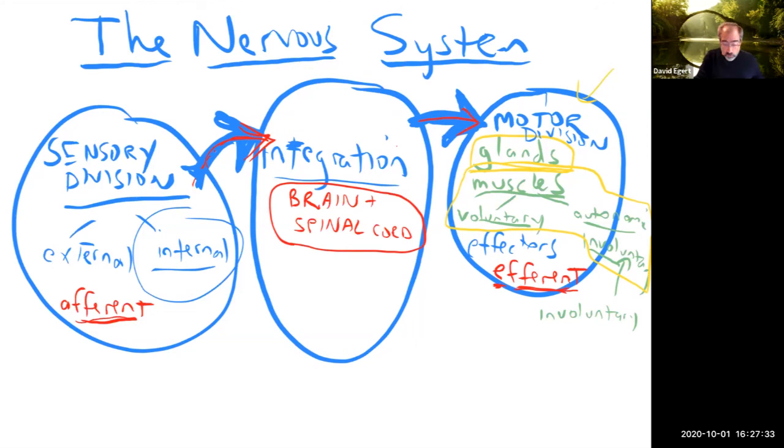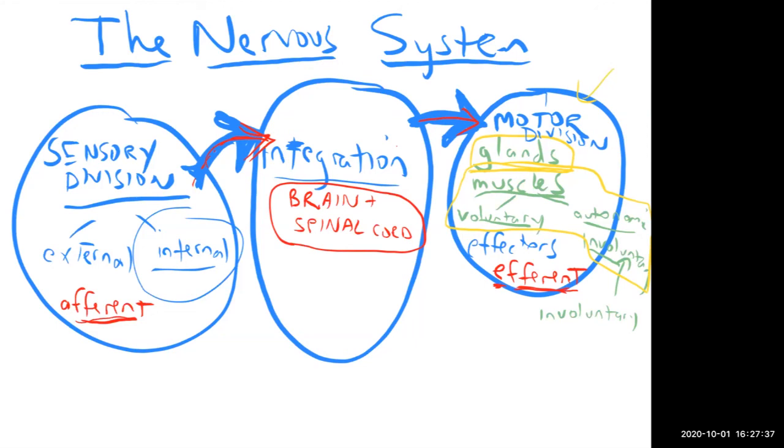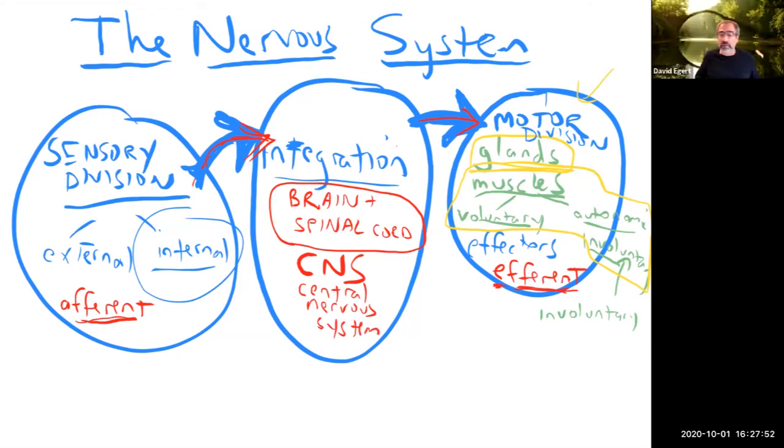Brain and spinal cord collectively, what do we call them? Central nervous system. The CNS, central nervous system. We'll be talking a lot about the CNS, the brain and the spinal cord.